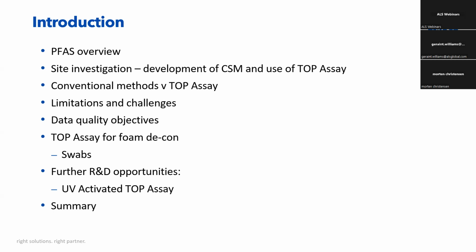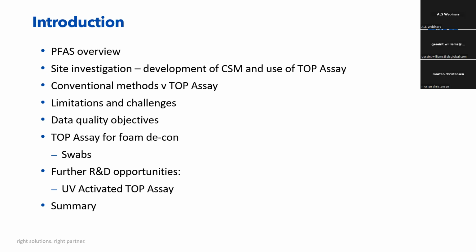It gives you an idea of the potential concentrations of the precursors that might be present in soil and groundwaters, and you can have an idea of the future potential concentrations of PFAS as well. Researchers are starting to look at forensic approaches for TOP assay. There's quite a lot of hidden data within TOP assay that we don't make the most use of. There is quite a lot of information that we're perhaps not using to the fullest extent.